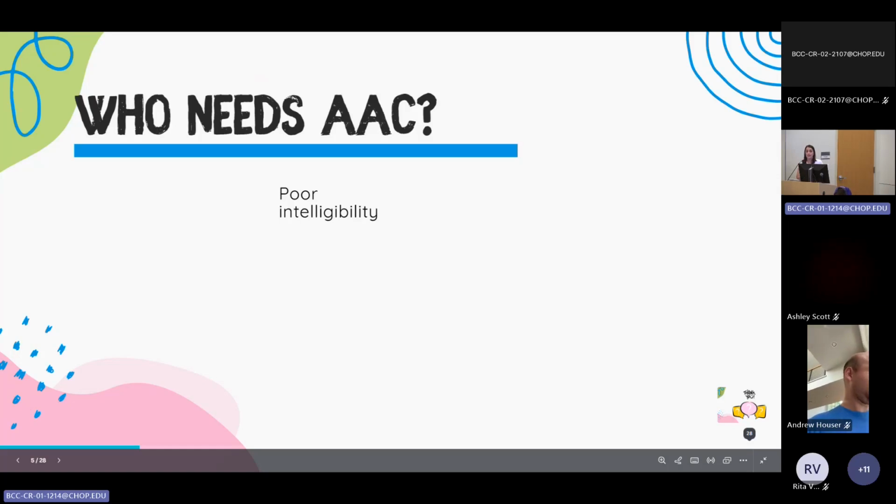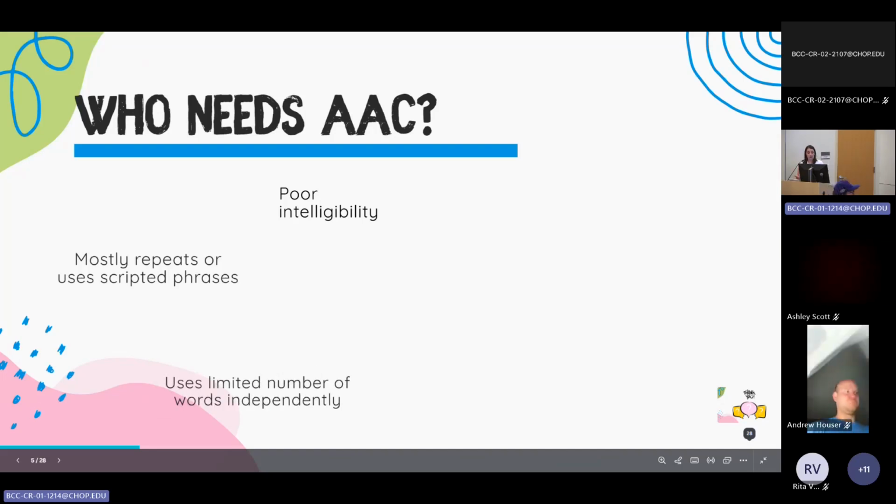So who needs AAC? If your child has poor intelligibility and you're having a hard time understanding them. If they mostly use a lot of scripted phrases and repeat a lot of things that you say. Speaking in scripts is communication, but is it communication that everybody outside of the home and at school is going to understand? That's always the question I throw out there, because if it's not, AAC can help support and supplement that.